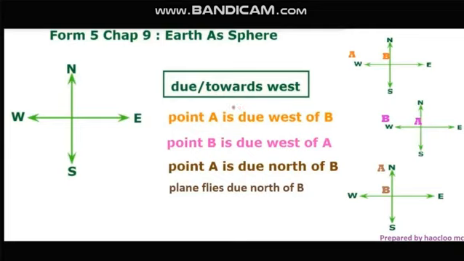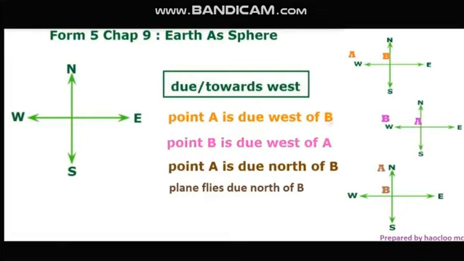Let me give you some examples. Point A is due west of B. So you know that due means towards. So point A is towards west of B. What does it mean? Okay, let's start from the behind.